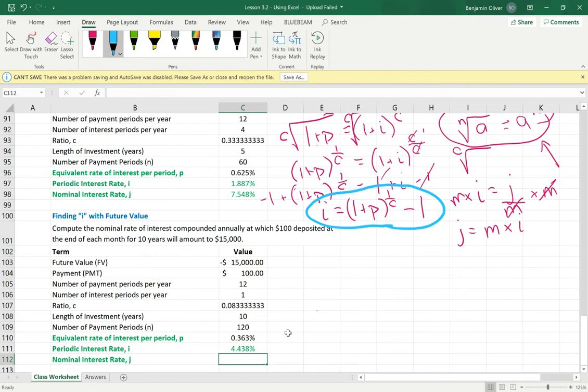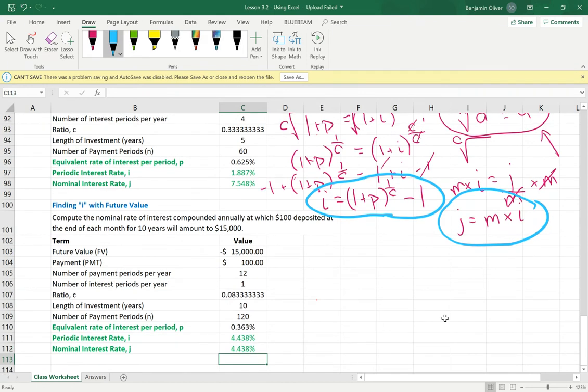And the last item was a formula I didn't leave. Remember, nominal interest rate is your periodic interest rate times your number of interest compounding periods per year. In this instance, 1, and you arrive at the same nominal interest rate as the periodic interest rate, which makes sense because it's annual.